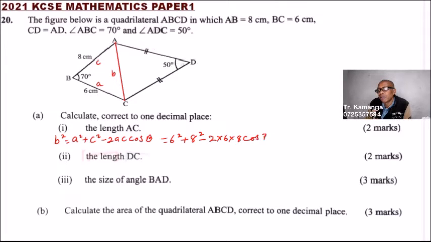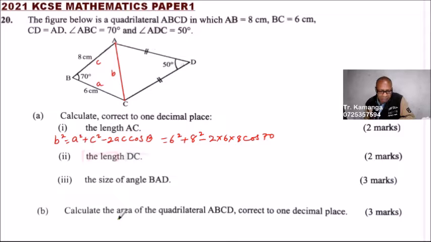Our A is 6 squared plus our C is 8 squared minus 2 multiplied by 6 times 8, the cosine of 70. You can use your calculator here: 6 squared is 36, plus 8 squared is 64, then minus 2 multiplied by 6 multiplied by 8, the cosine of 70.